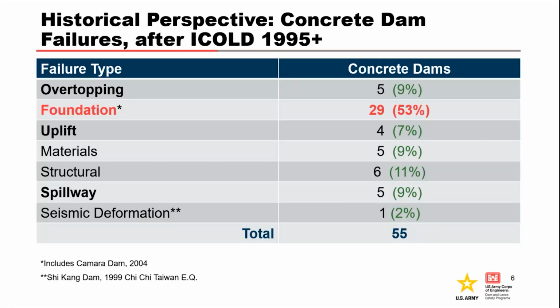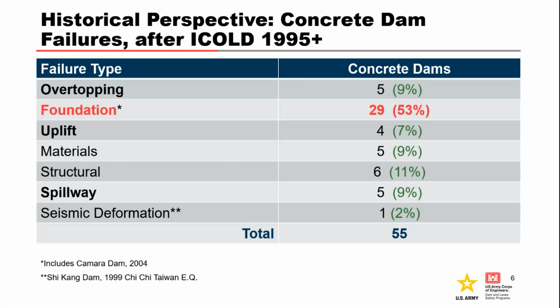For concrete dams founded on rock, sliding on discontinuities within the foundation rock mass is the leading cause of historical failures. Therefore, in addition to the rock units, it is important to understand the type, location, orientation, distribution, continuity, spacing, and characteristics of the discontinuities within the foundation rock mass.